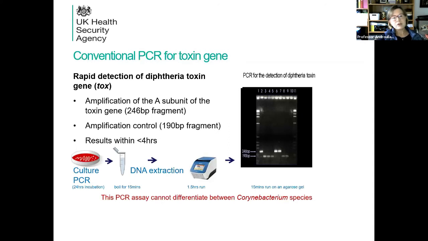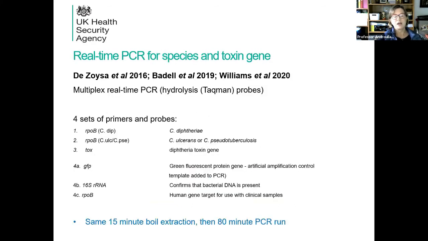This is the conventional PCR where we're targeting the A subunit. The toxin itself is an AB toxin gene. The A portion is the biologically active portion of the gene. So this is a very good method. It's still used again in many labs, but it can't differentiate between the species.